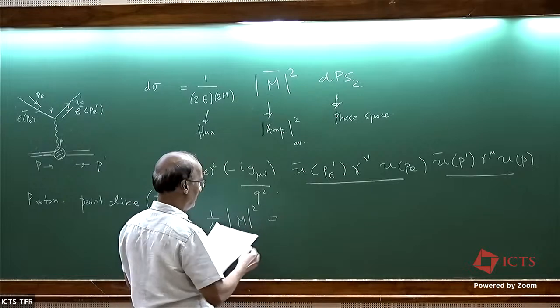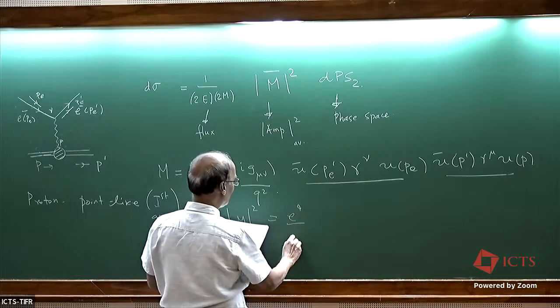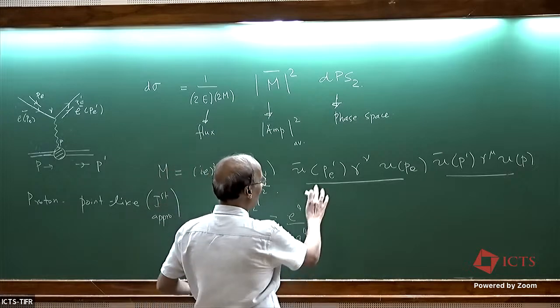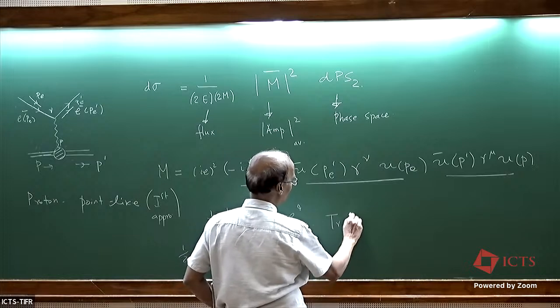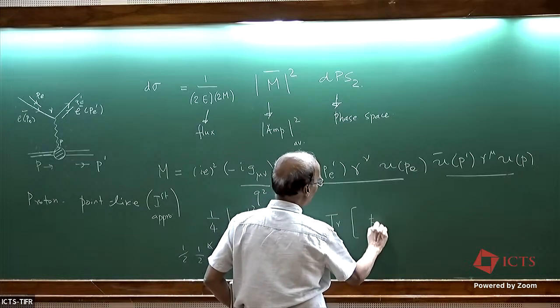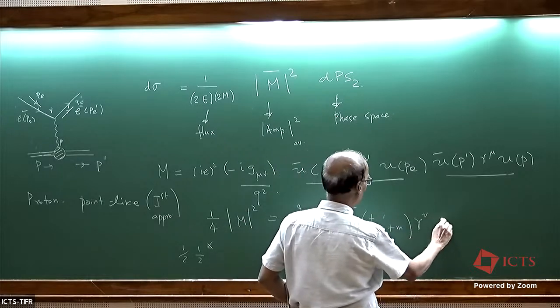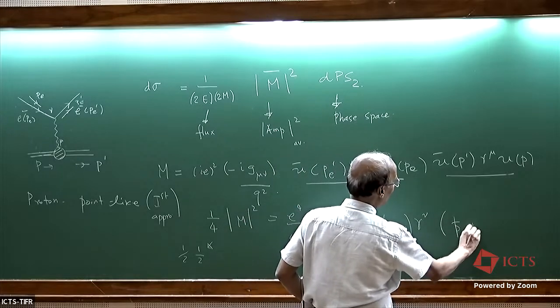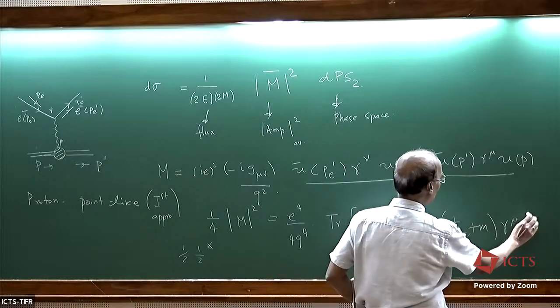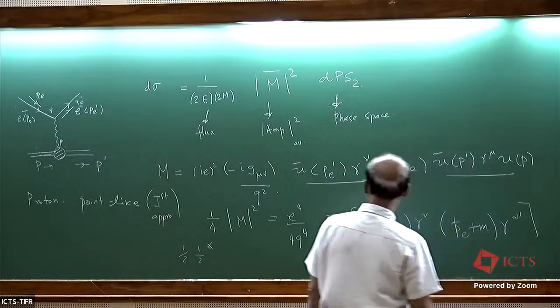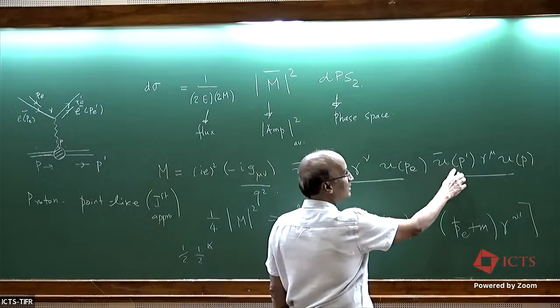It will be proportional to e power 4, just squaring it, and the square of this is just a trace of this quantity. So P prime plus m gamma nu P plus m gamma nu prime, because I'm squaring it. Correspondingly, you will have a term for this.